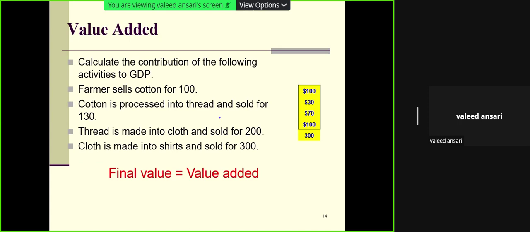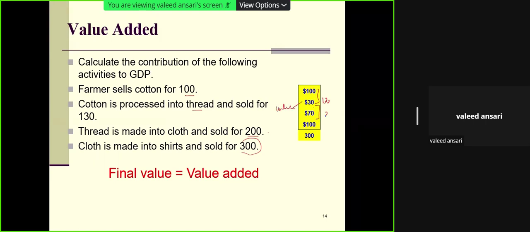For instance, a farmer sells cotton for 100, then the cotton is processed into thread and sold for 130. Then the thread is made into cloth, sold for 200, and then finally it is sold for 300. So you see the value was 130, so the value addition is 30.